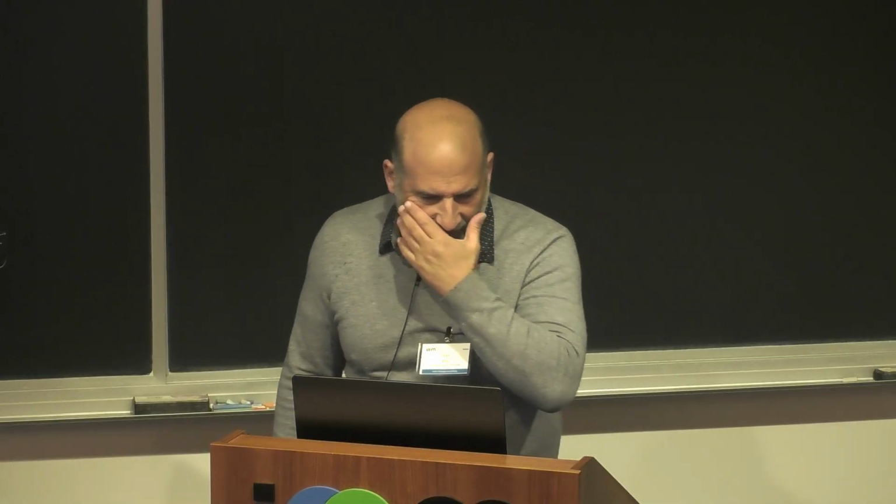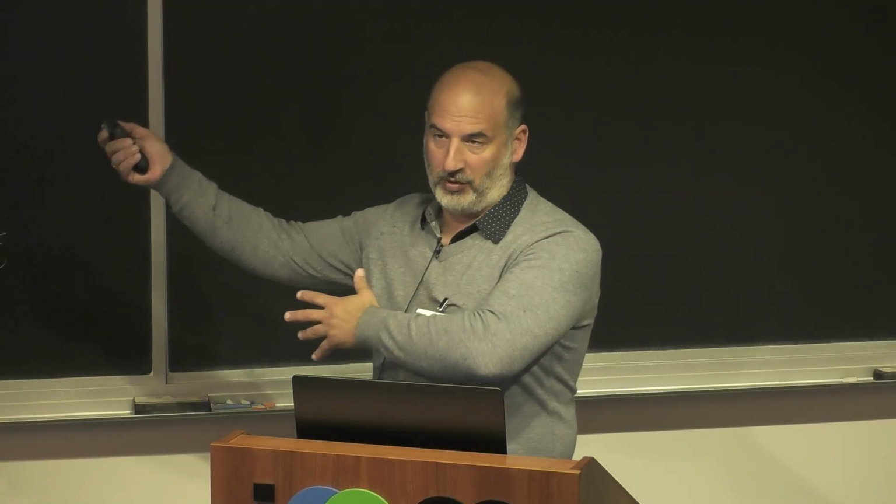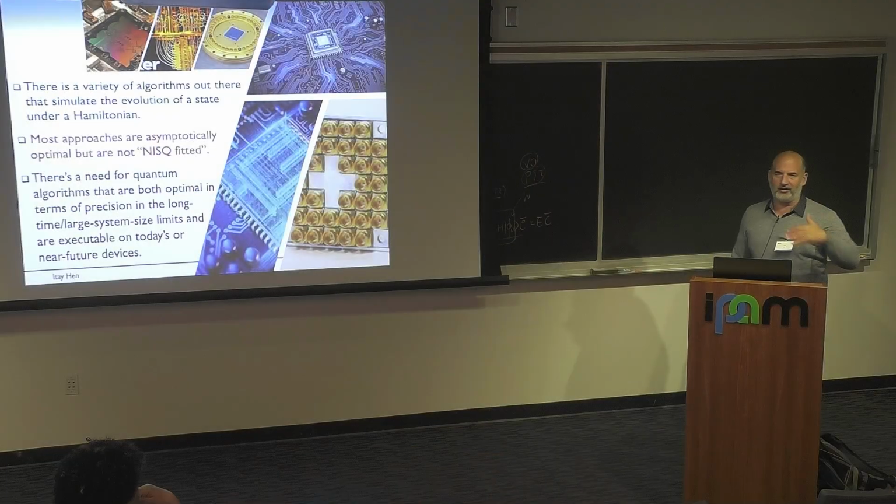And the reason is that while those algorithms are asymptotically optimal, they have ancillas and extra stuff that goes away when you go to infinite large scale. But when you try to do that on a very small chip, then you find that it's not going to work.